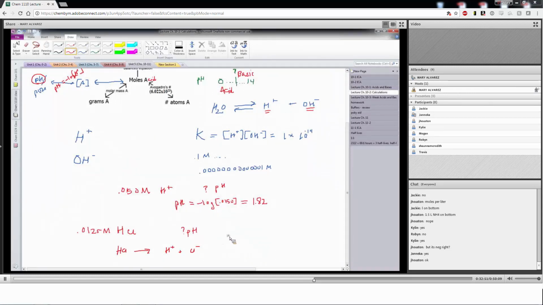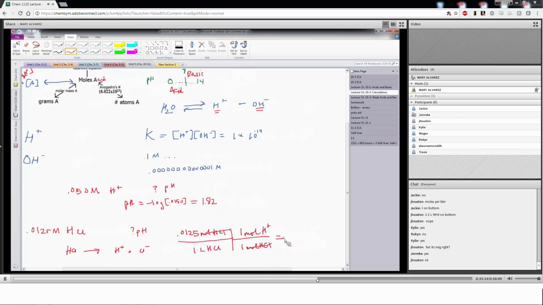So if I have 0.0125 moles of HCl in a liter of HCl, and I've got 1 mole of HCl produces 1 mole of H plus, I hope you guys could see, and maybe even without doing that math, that essentially I've got 0.0125 molar hydrogen ion solution.